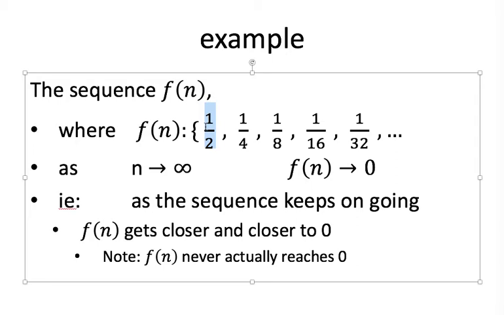So here, our r value is 1/2, because to go from this one to this one is times 1/2, times 1/2, times 1/2, times 1/2 to get the next number.